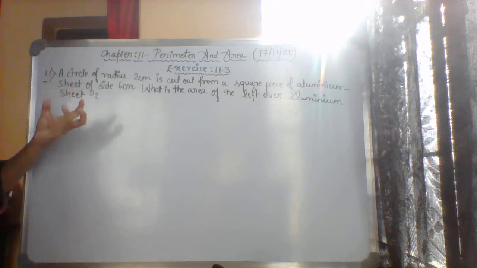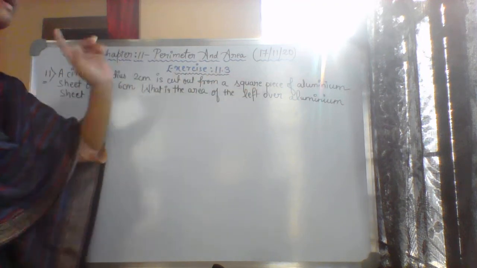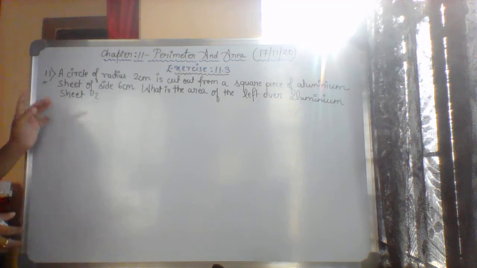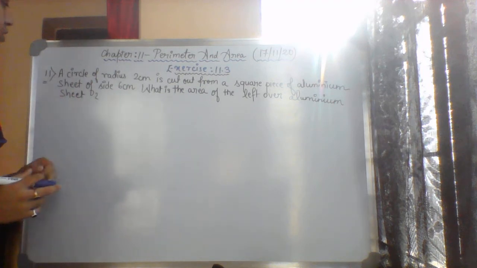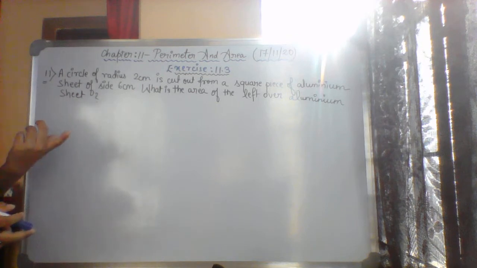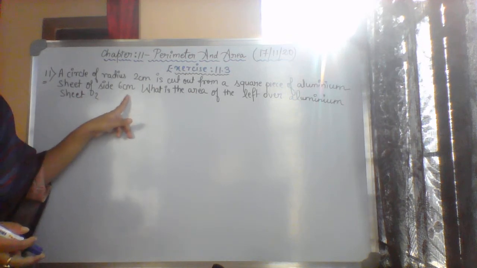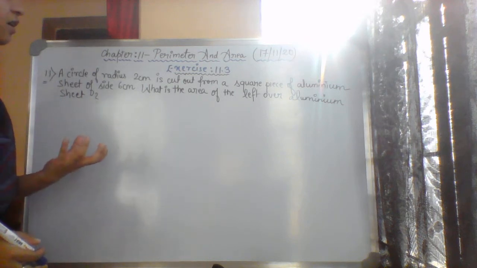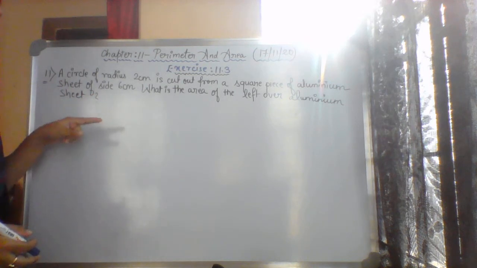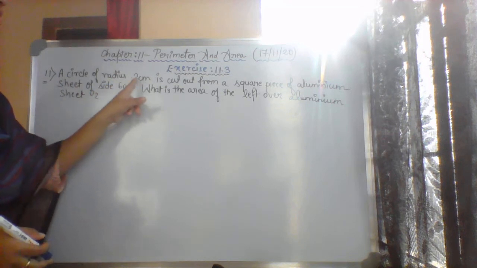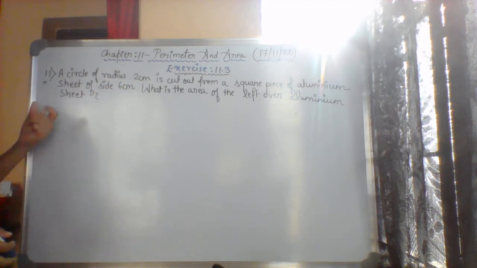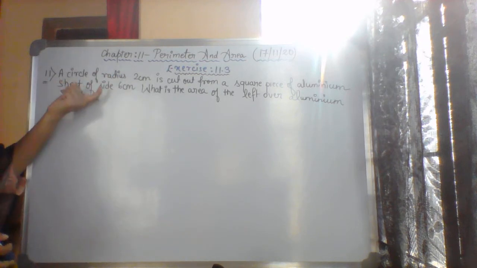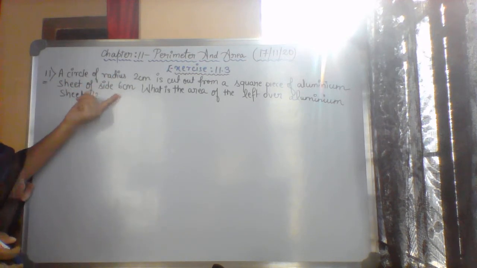Both dimensions are given: the square sheet has a side of 6 cm, and the radius of the circle which has been cut out from that aluminium sheet is 2 cm.